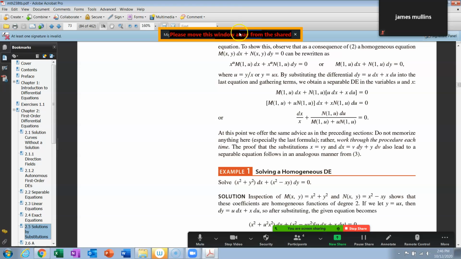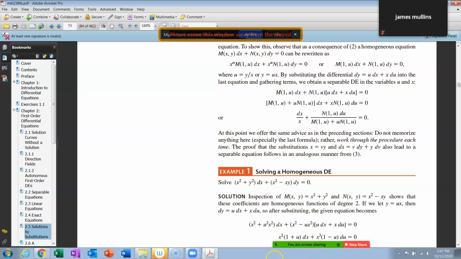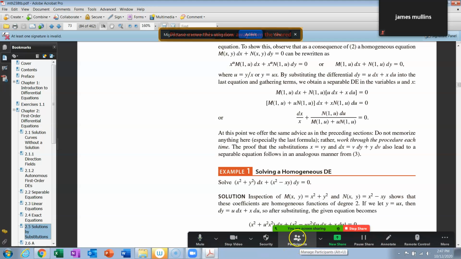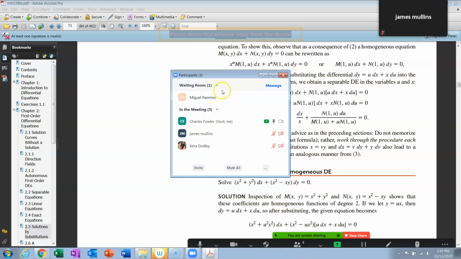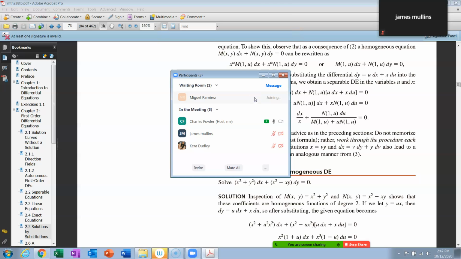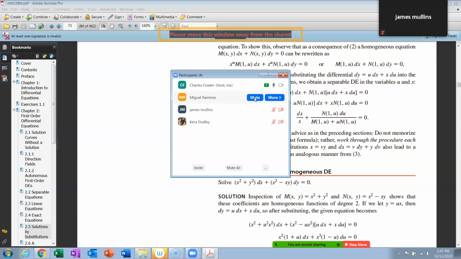Oh, here's Miguel or Jesus. I can't let him in that way, so I'm going to have to come down here and let him in this way. And there he is, coming in now, I hope. Yeah, joining the class now. So we got 1, 3, and 5. The odd students are here. Not that y'all are odd or anything.